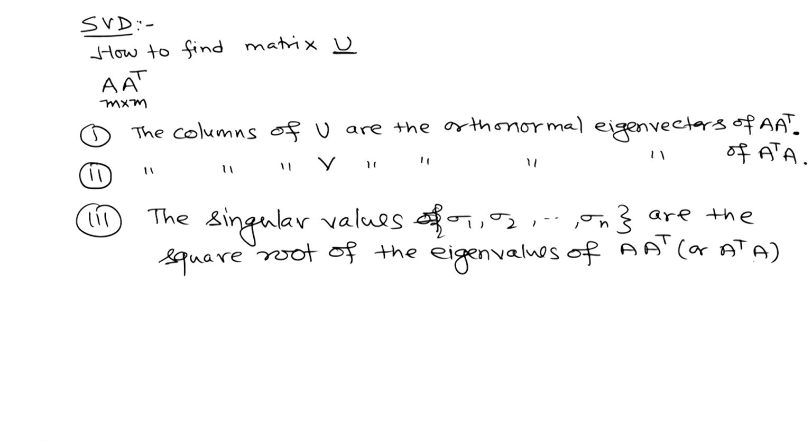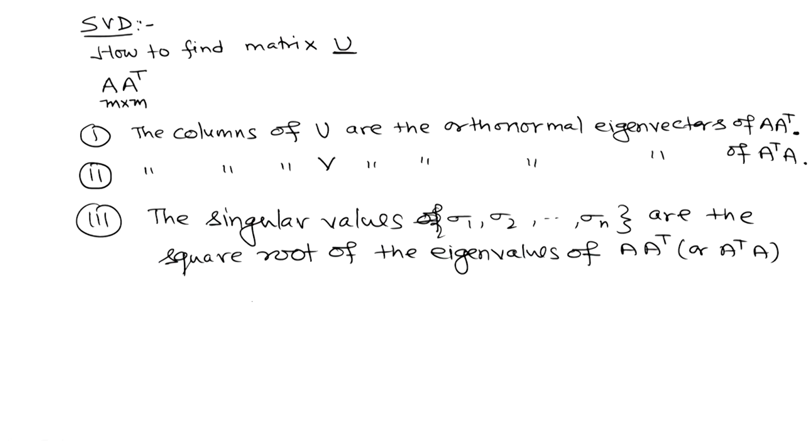If one has the bigger size, the rest of the eigenvalues will be 0, because of rank deficiency. So, in this way we can calculate U, we can calculate V, we can write our matrix S, and we can perform the singular value decomposition of A, that is U S V transpose.